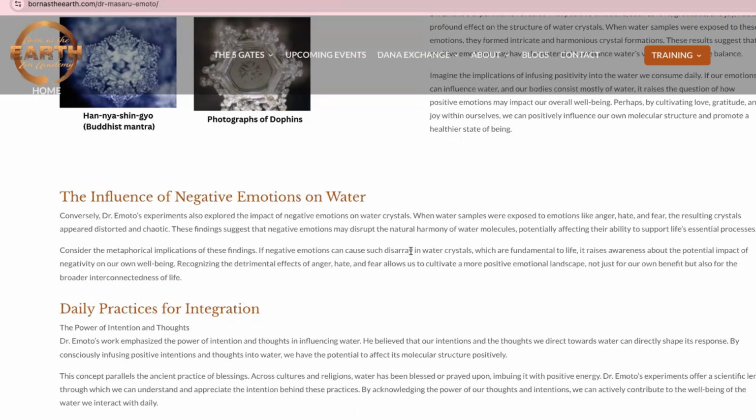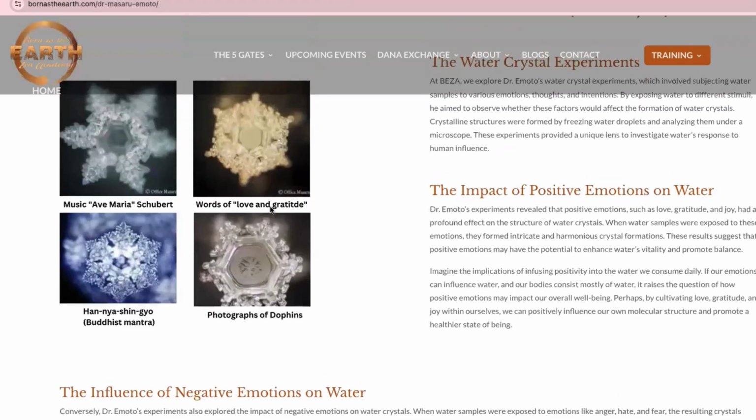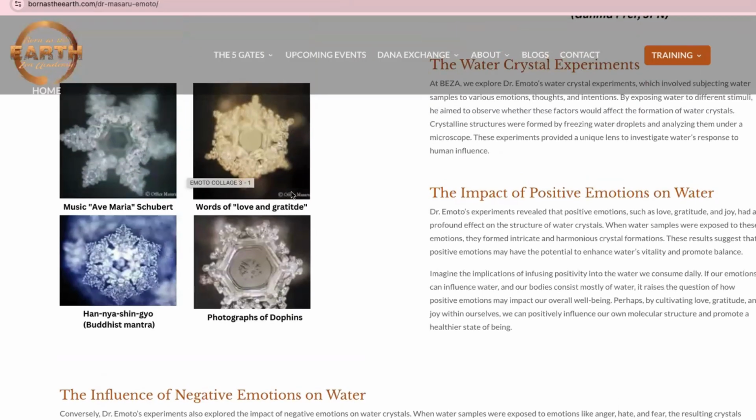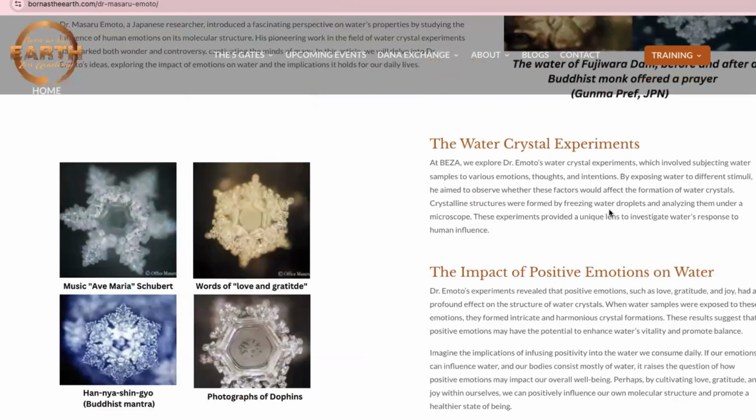So when a group of good intentions are in a particular place and then you receive that water later, if you see those crystals under the microscope, you'll be able to find that the water has love and gratitude. So water is a very crucial element in order to set your intentions.